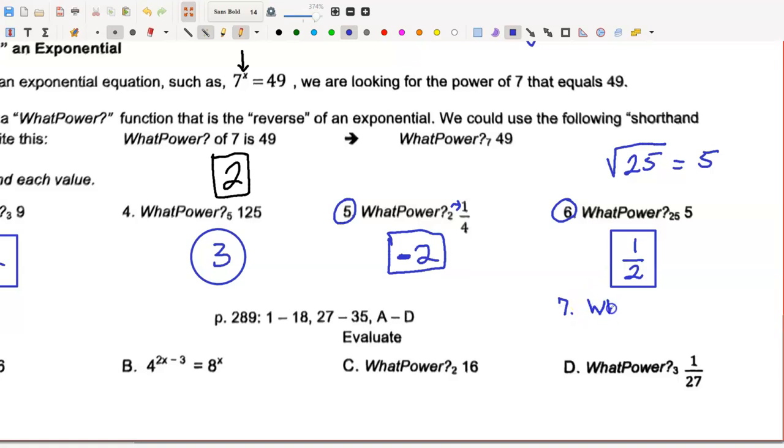That is this: what power of 3 gets you to negative 27?